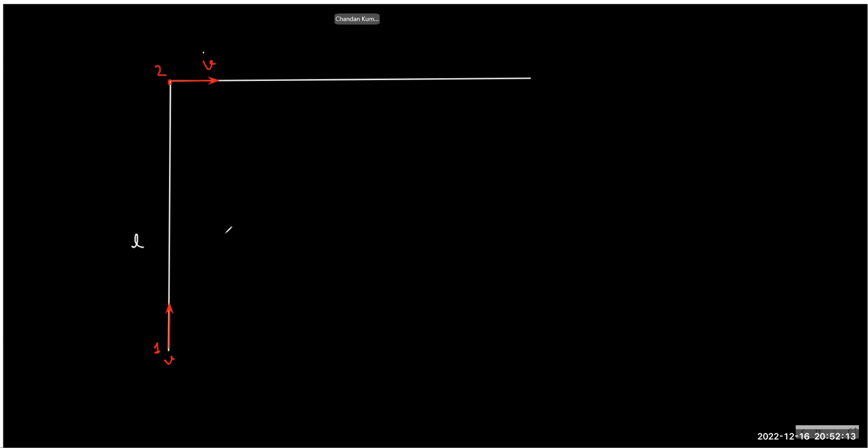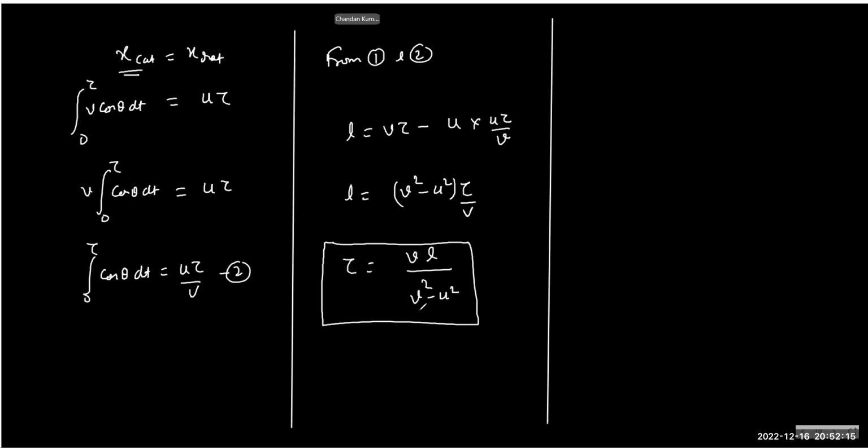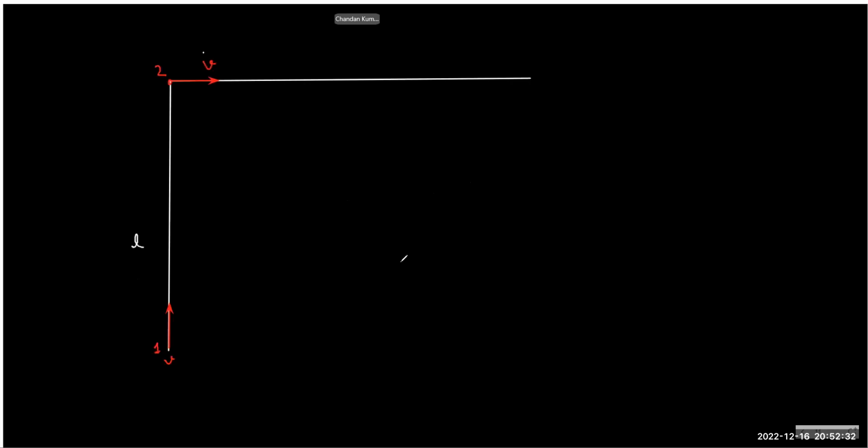For catching, it is necessary that v must be more than u, right? You can see if v equals u, tau becomes infinite, which simply means it will never catch. So what will happen in that case?